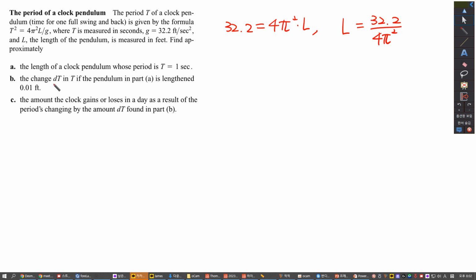And then let's differentiate the equation to find this dt when dl is 0.01.